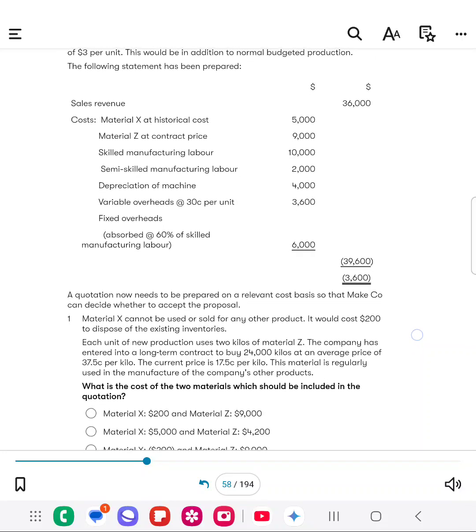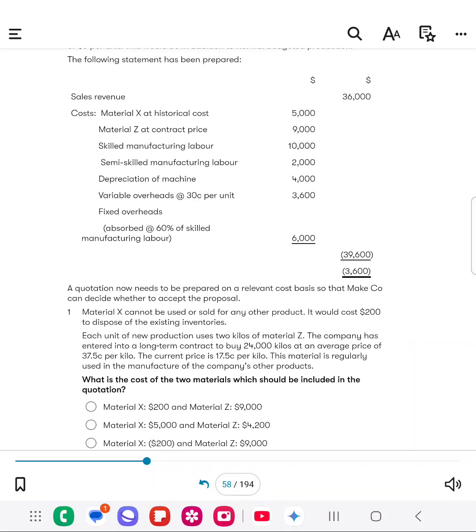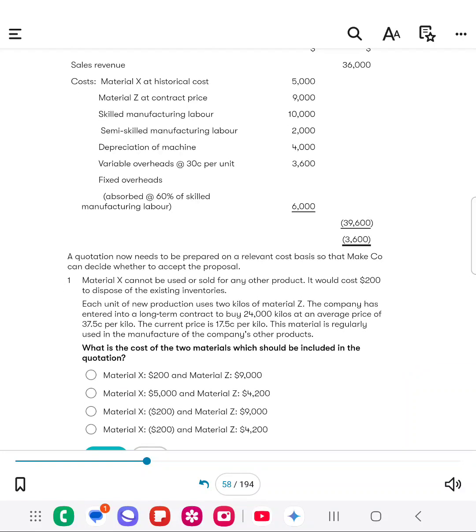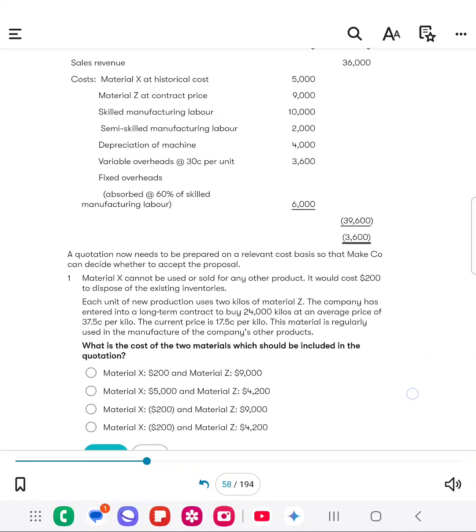Sales revenue is 36,000. Cost: material X at historical cost 5,000, material Z at contract price, skilled manufacturing labor, semi-skilled manufacturing labor, depreciation of machine 4,000, variable overheads at the rate of 30 cents per unit, and fixed overheads that are absorbed at 60% of the skilled manufacturing labor.